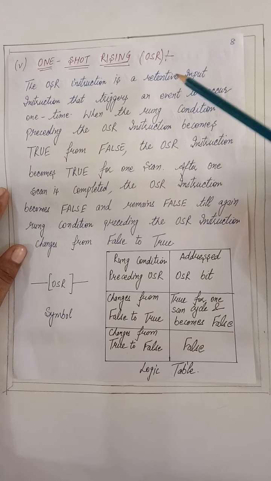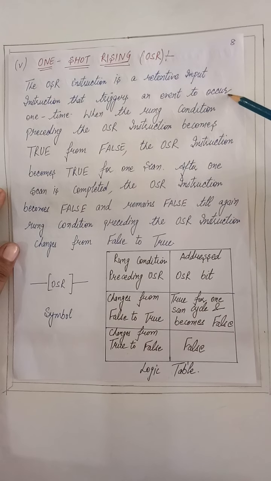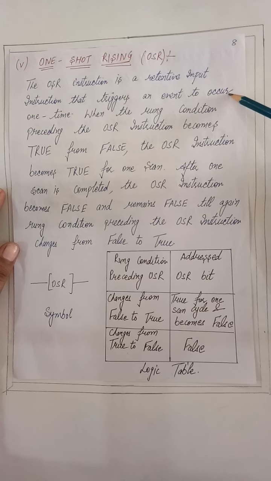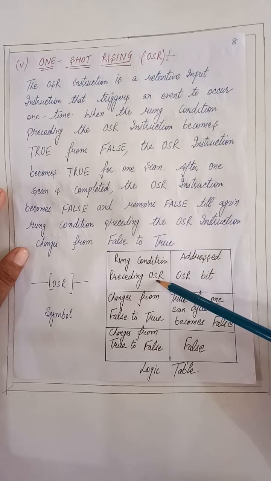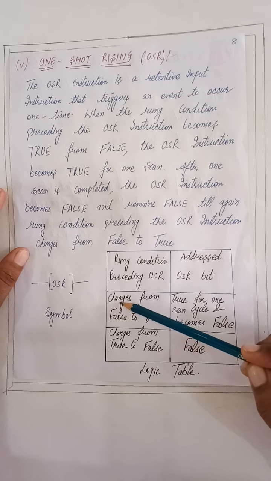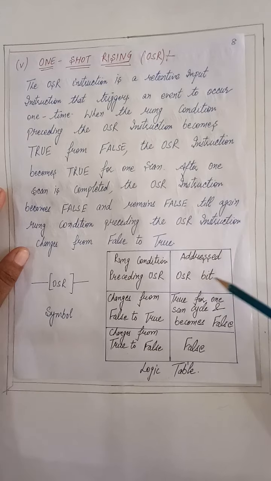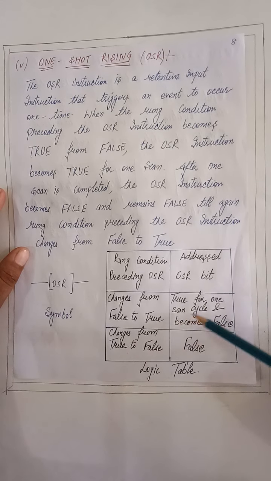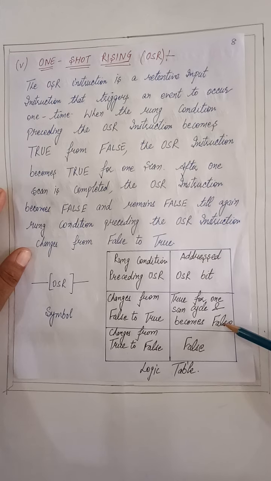This instruction is a retentive input instruction that triggers an event to occur one time when the rung condition preceding OSR changes from false to true. Then the addressed OSR bit becomes true only for one scan cycle and then becomes false.